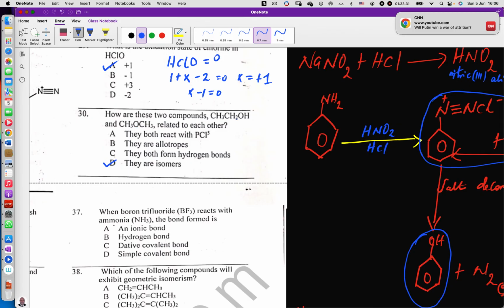Meanwhile, ethanol is an alcohol and has an alcohol functional group. So what is related between them is that they are isomers, but with functional group isomerism. So the answer is D.